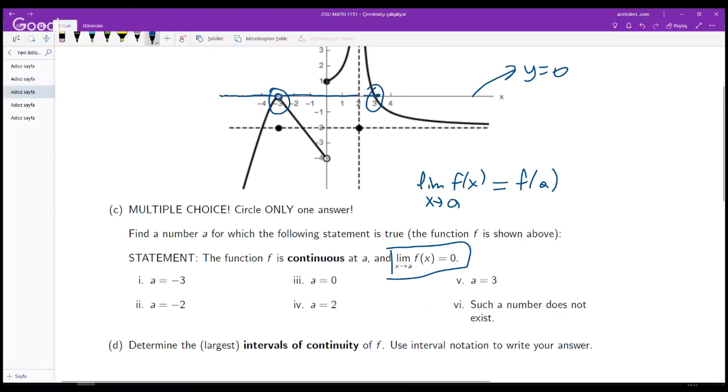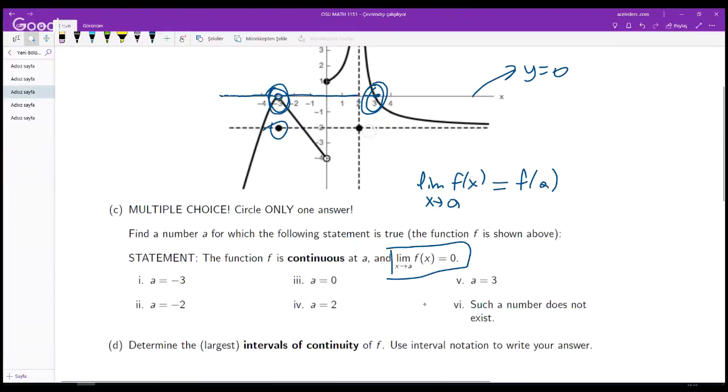The function value is here, which is minus 2, and the limit is here, which is 0. Therefore, the function value is not equal to the limit, and the function is not continuous at x equals minus 3.